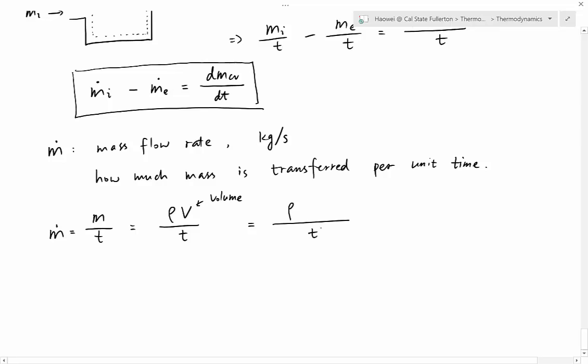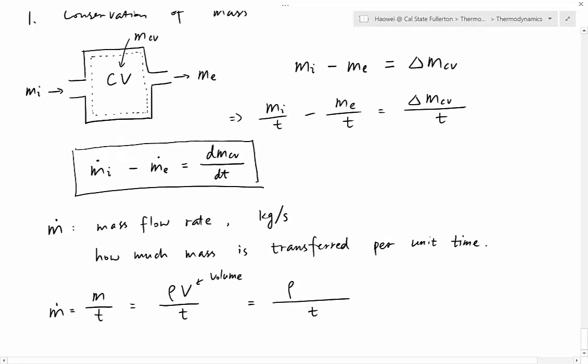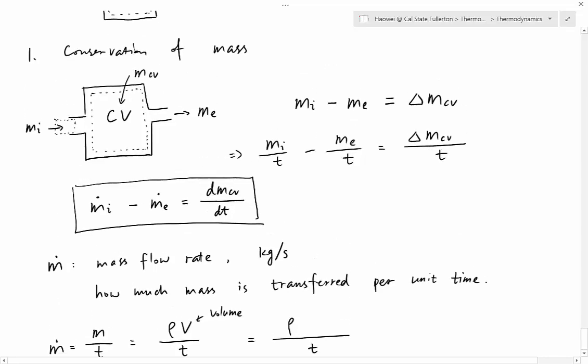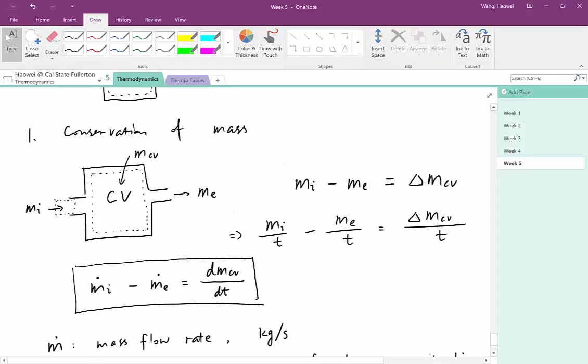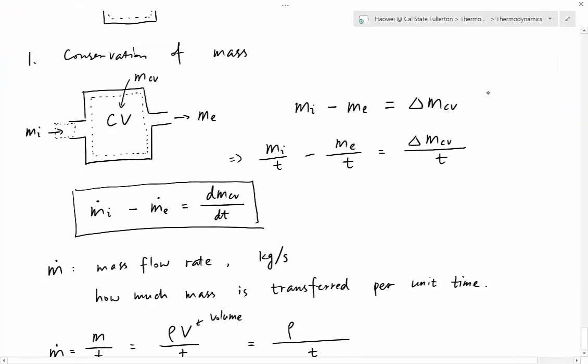How do we calculate volume? How do we calculate the volume of the mass that goes into the system? So for example, you have this much mass at inlet going inside. How do we calculate the volume? And this goes back to geometry.